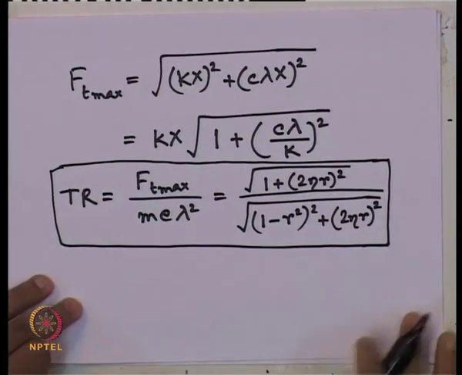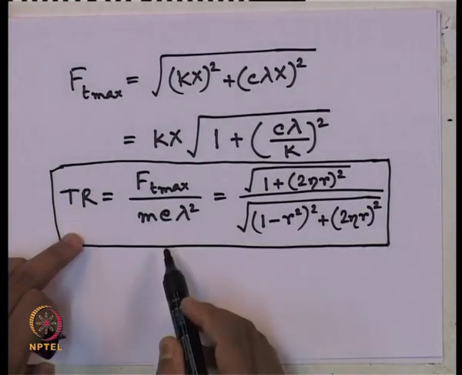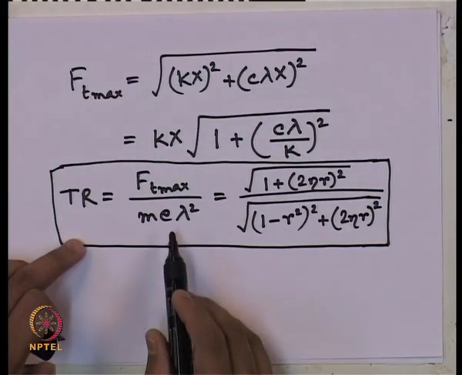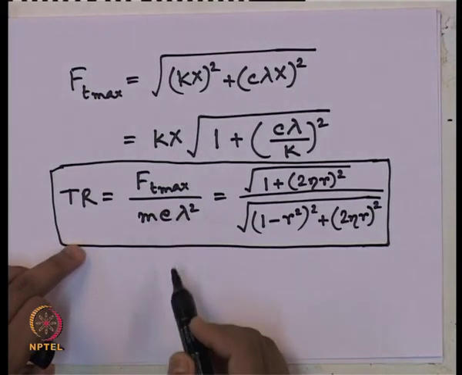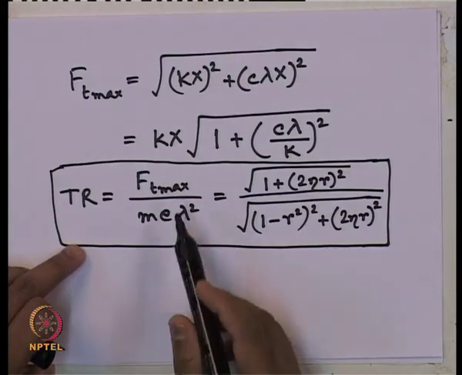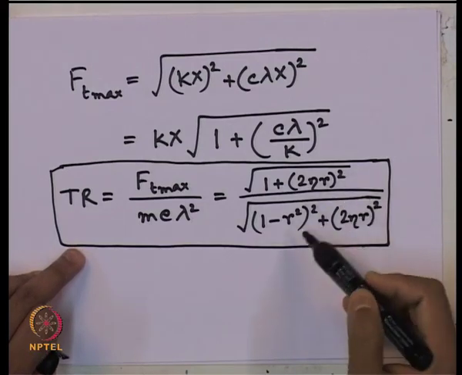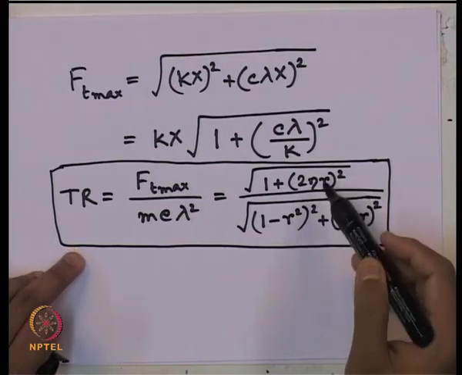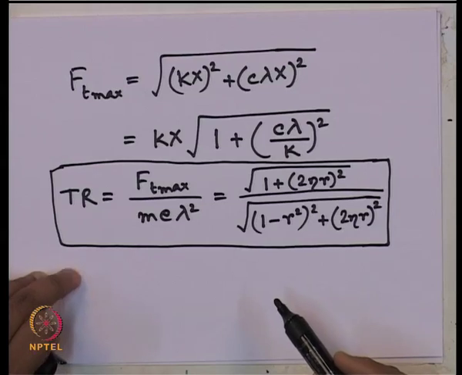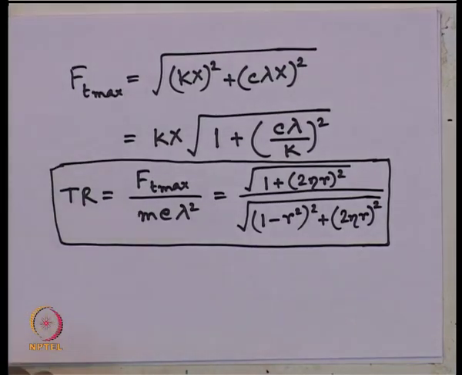And you can see the transmissibility ratio, as expected, is a dimensionless parameter, because it is a ratio of the two forces, the force transmitted to the base of the system to the force applied to the system, and it is a function of the frequency ratio and the damping ratio of the system. Okay.